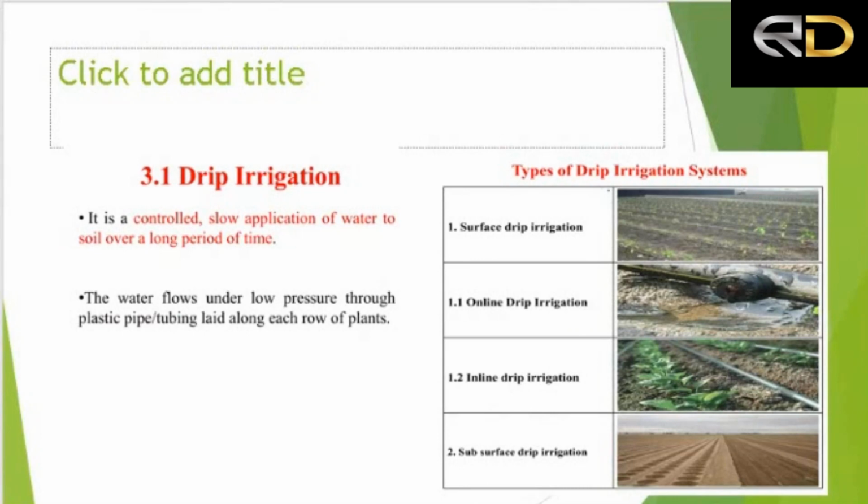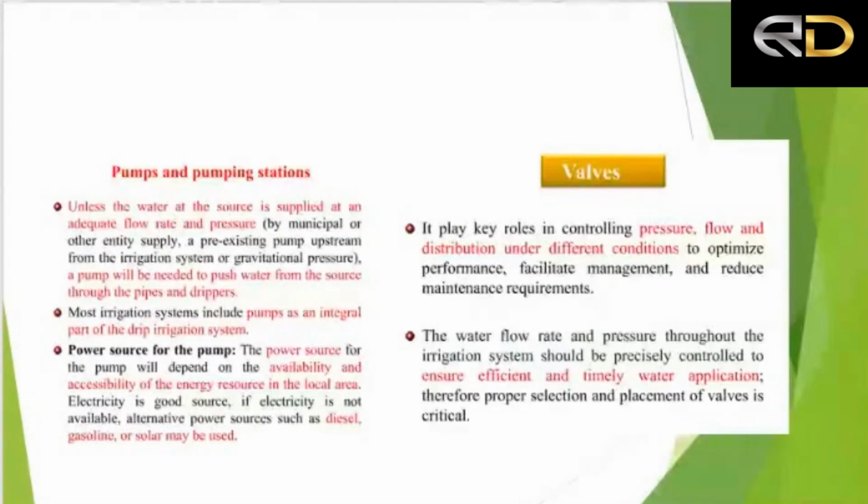So what does it require, for example, for automation of the irrigation system? One is the pumps and the pumping station. Second are the valves. So what are the pumps and pumping station, and why are they essential? We know that the water is supplied at an adequate flow rate and pressure. For that, a pump is needed to push water.